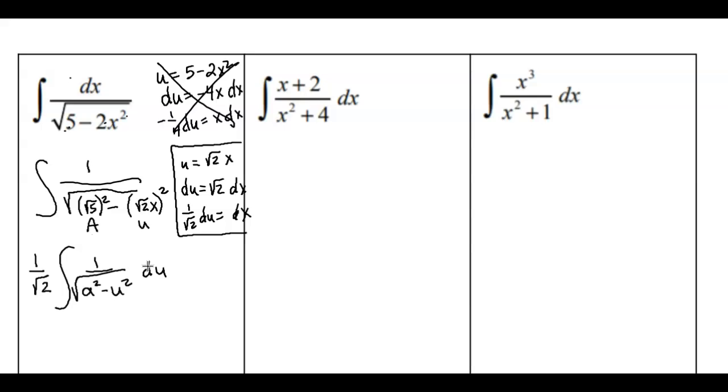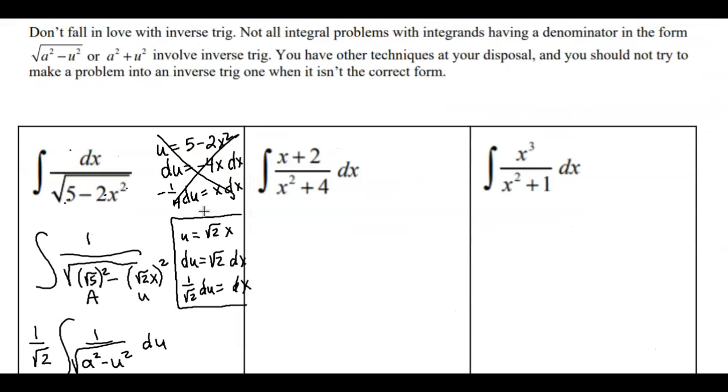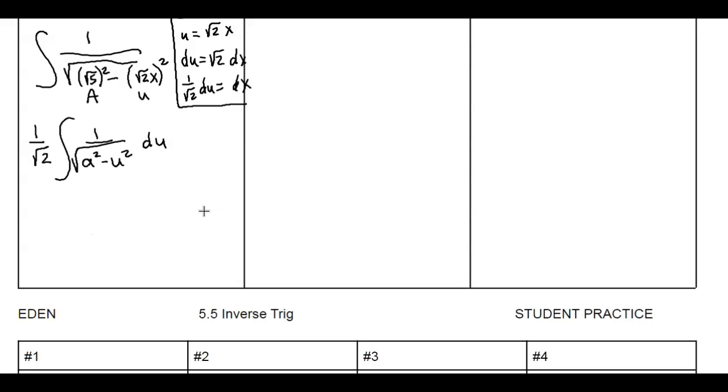Okay, so then we just have to remember that if we had it, it's arc sine, it's positive, and there's no 1 over a in front. So this isn't the 1 over a. So arc sine u over a plus c.